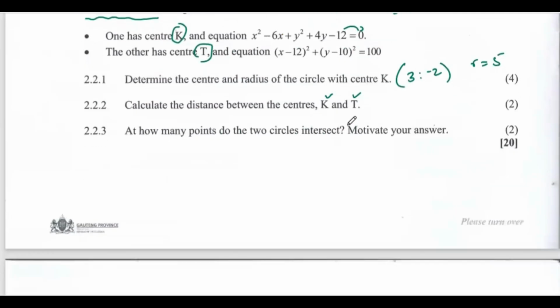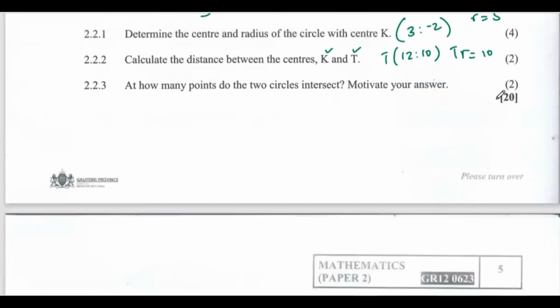No, we don't know for sure. So we know that the coordinates of T are (12, 10). And we know that the radius of circle T is going to be 10 units.